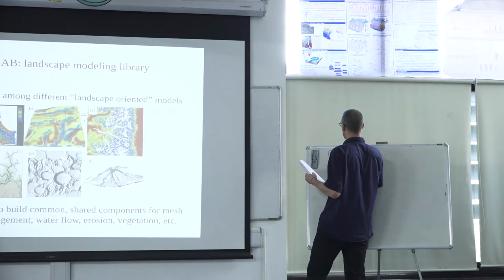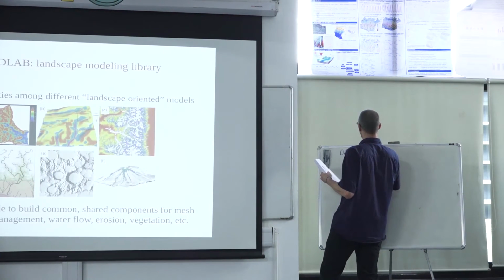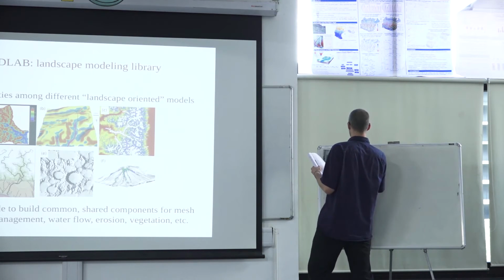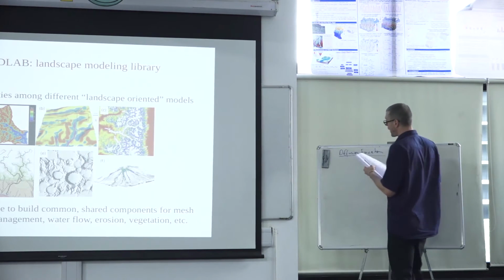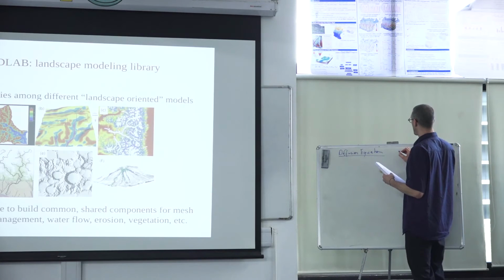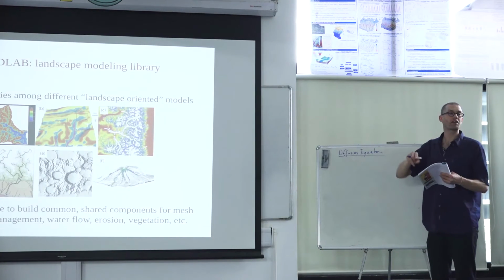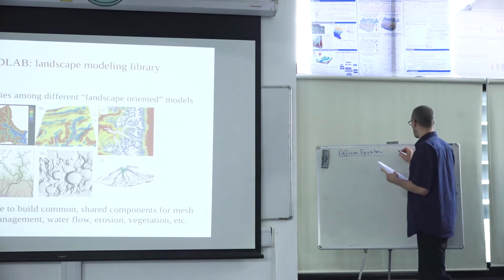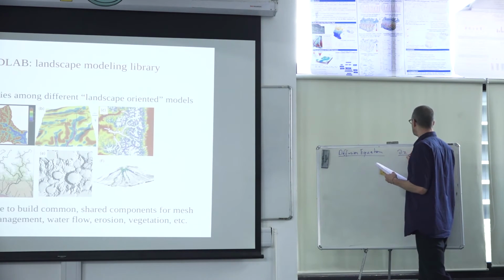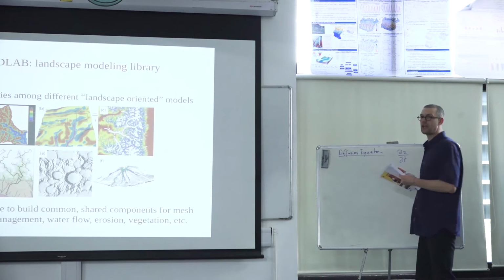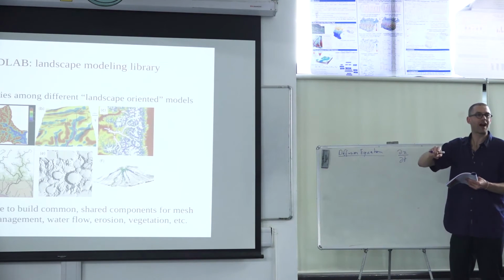We are going to look at the diffusion equation, and the diffusion equation is usually defined in a way that we are looking at the change of height over time, and this is usually written as dh over dt, where h is the height, right?